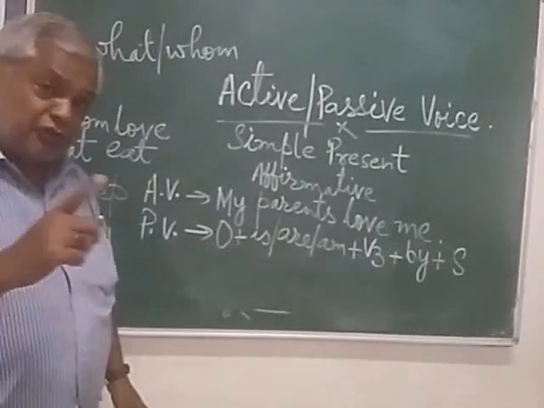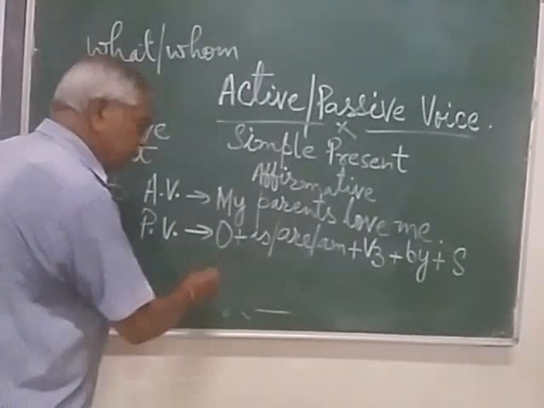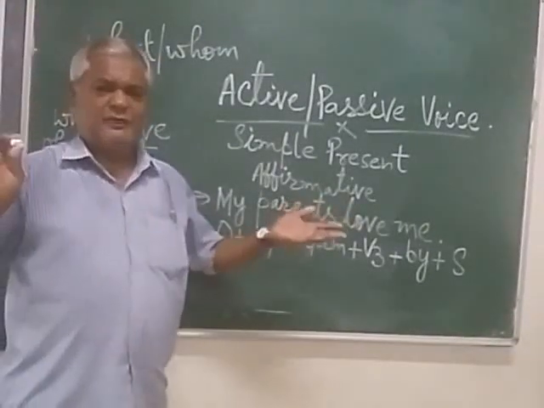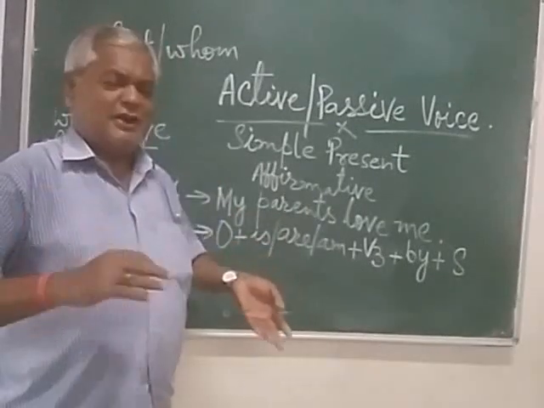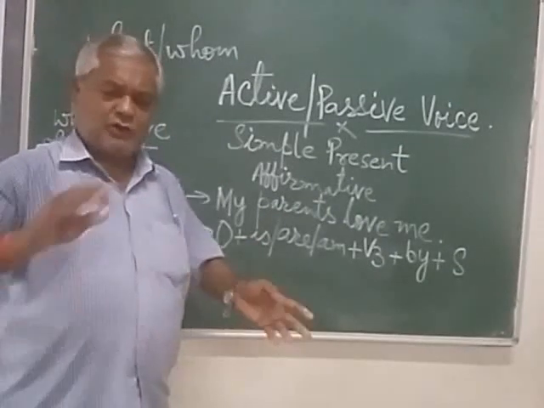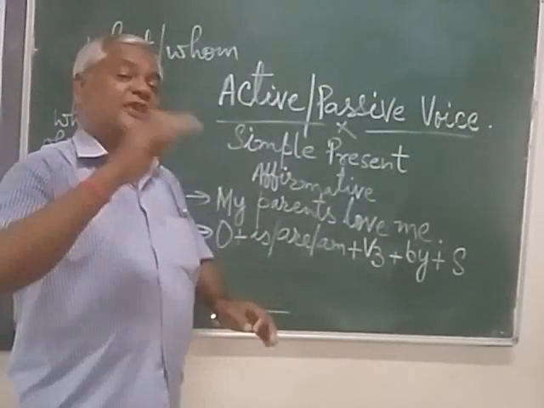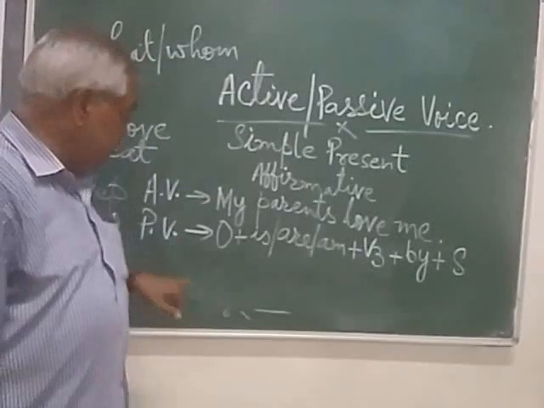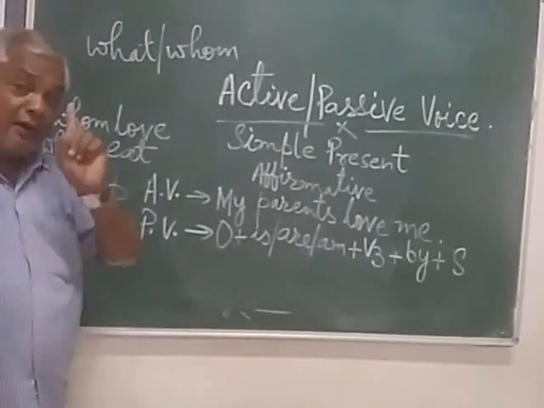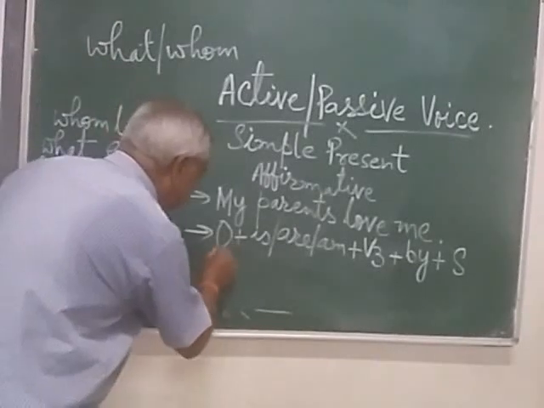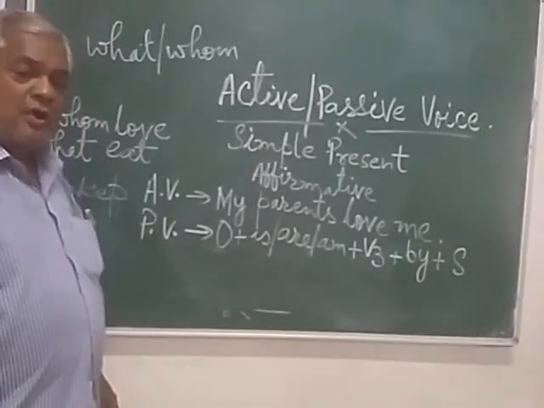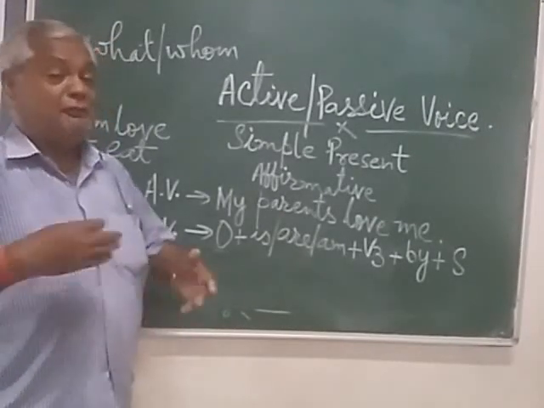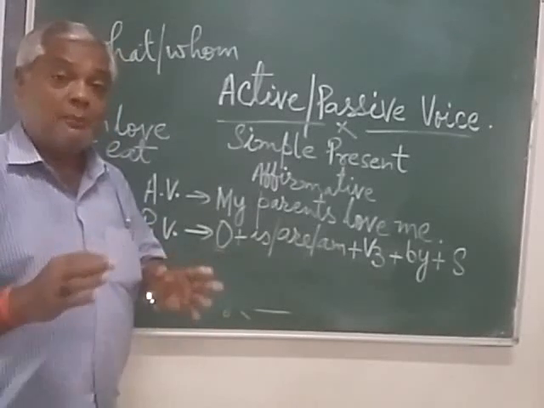So to change into passive voice, whatever the sentence or the tense, whether it is present or past, the first word you have to write down is the object. But how will you identify which word is the object?